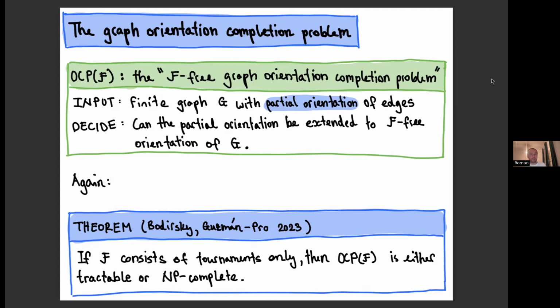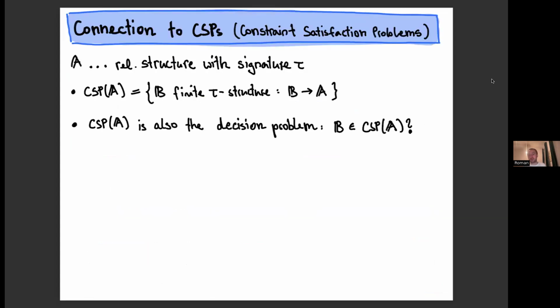In the beginning, I briefly mentioned that I want to talk about how the graph orientation and the graph orientation completion problem can be modeled as constraint satisfaction problems, or CSP for short, of relational structures. And naturally, I need to introduce CSP at one point of the talk.